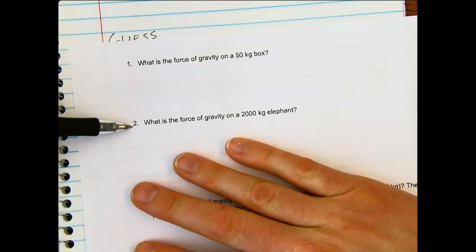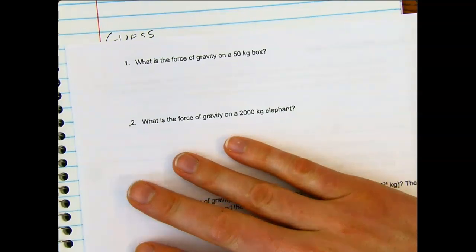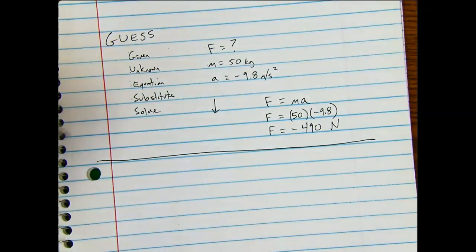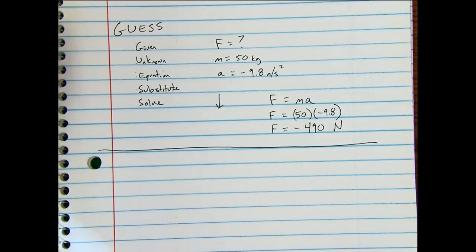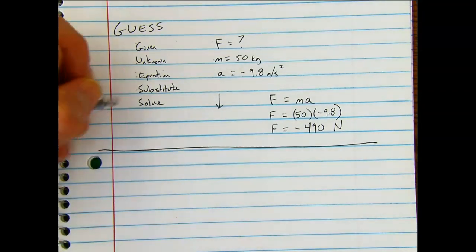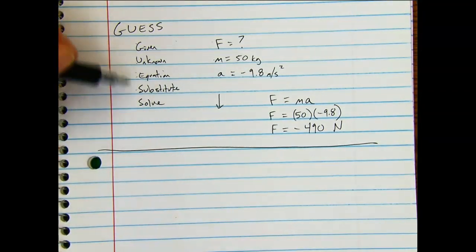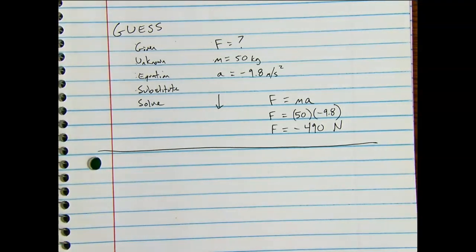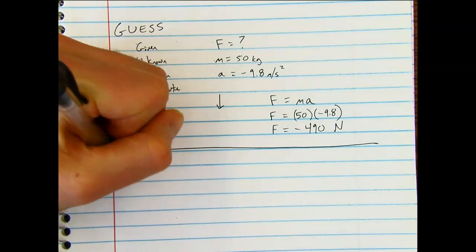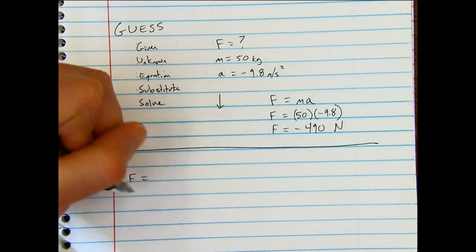So we have this other one here where it says, what is the force of gravity on a 2,000 kilogram elephant? All right, so as you might guess, we're going to be dealing with a much higher force. But we're going to use the same strategy that we just used with GUESS. So let's write out what we know and what our unknown is. We have force.